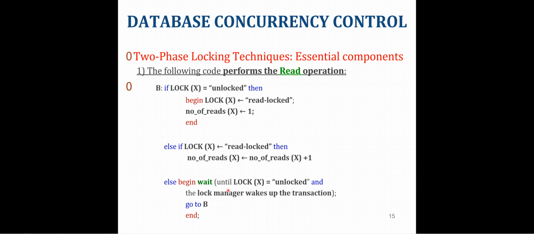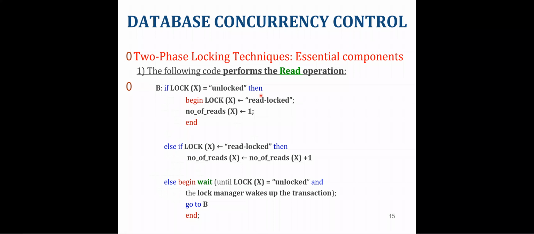But what if it is else begin wait. So we start with if, else if, and then else. With else, if it is not read locked and not unlocked, it will be write locked. And we know that with write lock, only one transaction can access the data item.